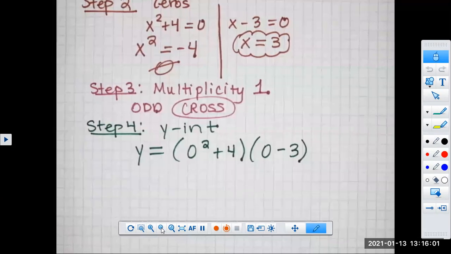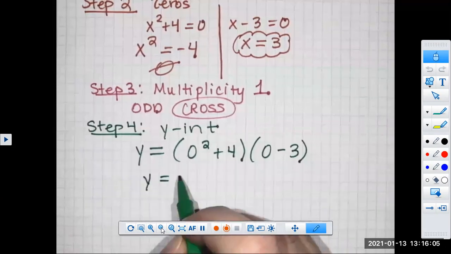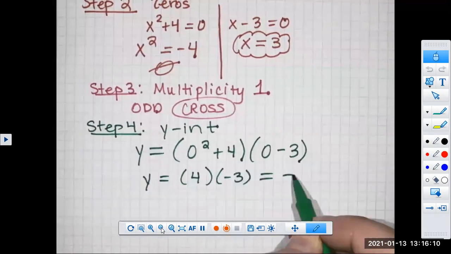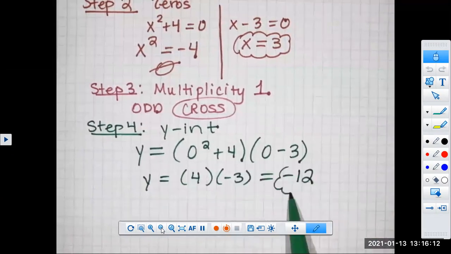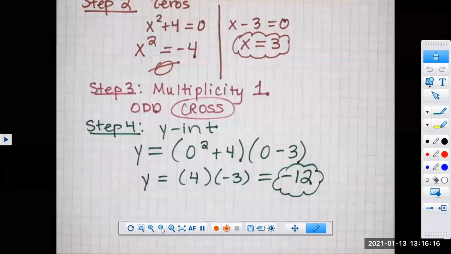Good. So if you plug in 0 for x, you end up with 4 times -3, -12. So it should cross the y-axis at -12.